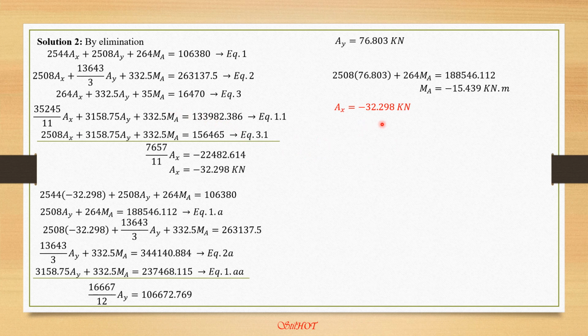So AX is negative 32.298 for this method. AY is 76.803, which is, I think, the same. MA is negative 15.439 kilonewton meter. So the answer before was negative 15.42, and if rounded off or comparing, that's very, very close.